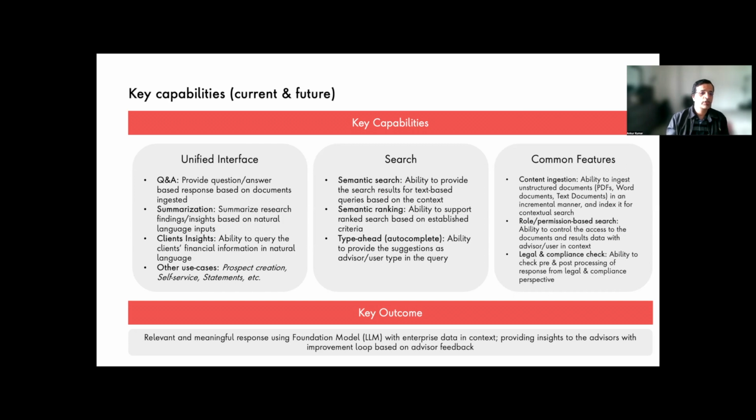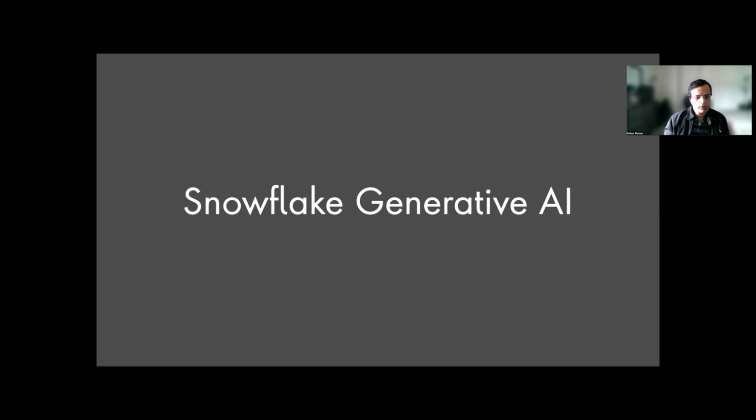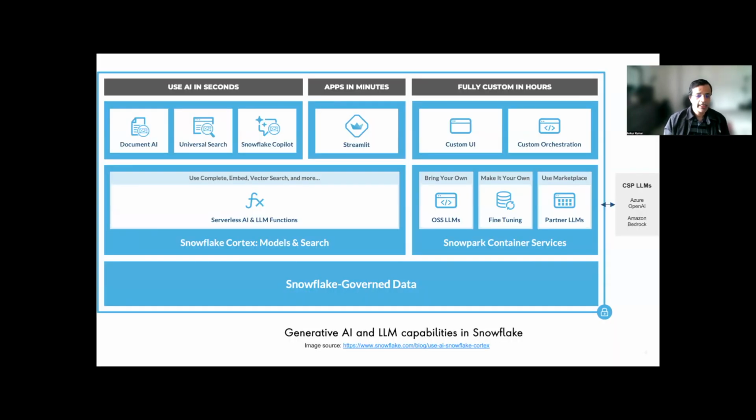And as of now, there are many other features planned for WealthX. So before we look into WealthX, let's look into Snowflake generative AI capabilities. This is the slide from Snowflake's capability offerings, where Snowflake Cortex is their core offering. They also offer Snowflake Container Services so that if you want custom processing, you can still do that.